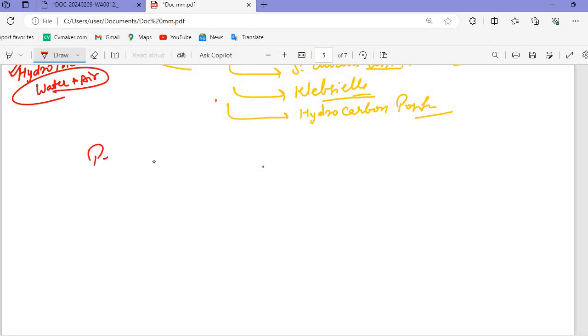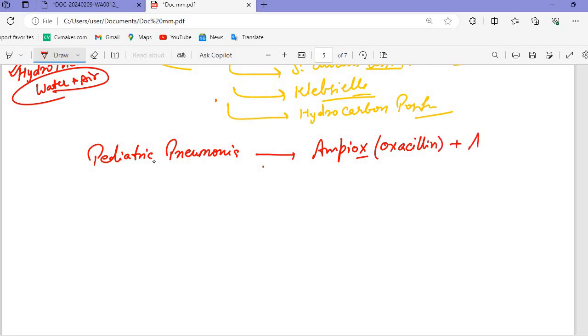Then remember, if we have pediatric pneumonia, remember one drug, that is Mpox. Now the questions will come. Mpox is the other name of oxacillin. Plus we have the aminoglycosides, like gentamicin, streptomycin.